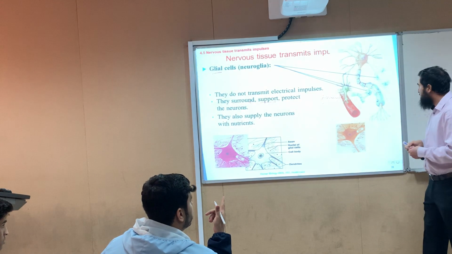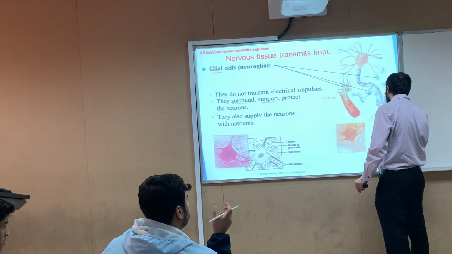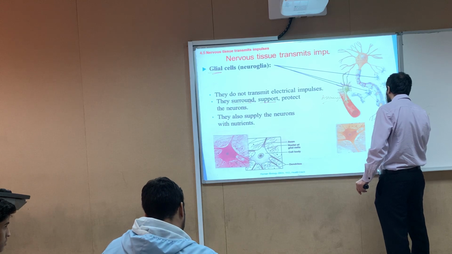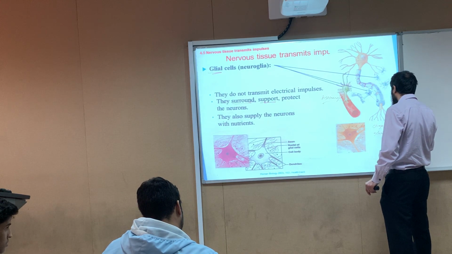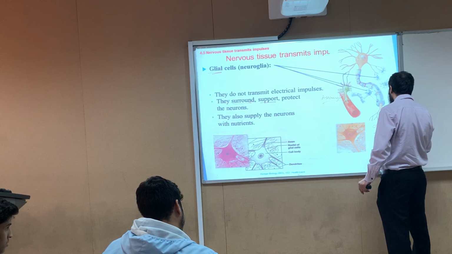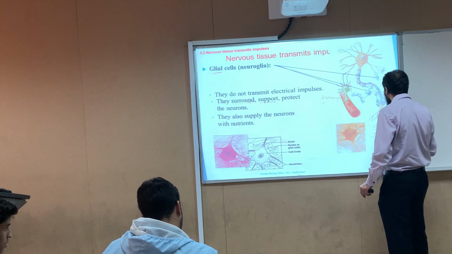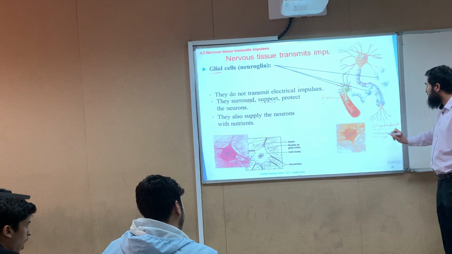Oligodendrocyte is one of the types, and the other one is Schwann cell. So there are two types, Schwann cell or oligodendrocyte, okay?